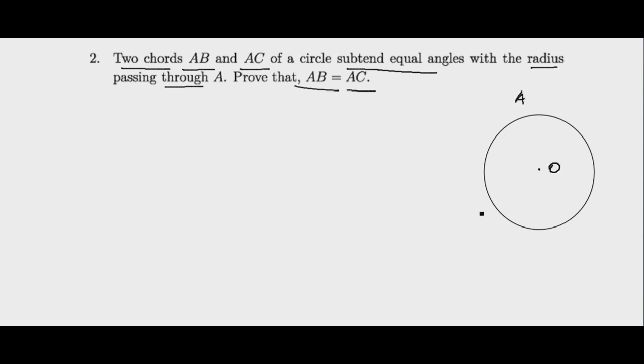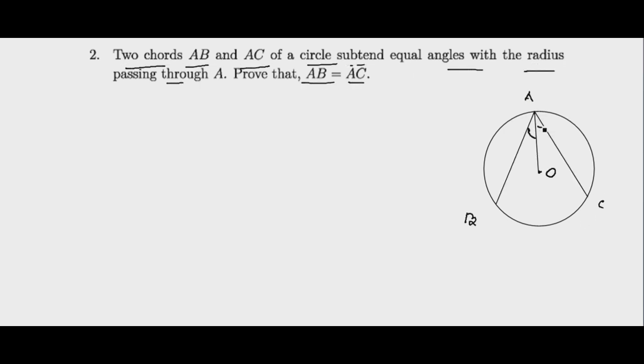Suppose this is a circle with center O. If we join OA, then the chords subtend two equal angles like angle BAO is equal to angle CAO. When this is the case, we have to prove that AB is equal to AC.